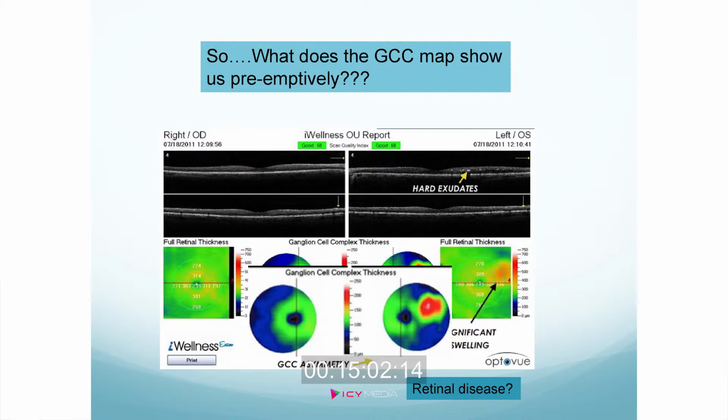So when you look back at the overall map, what does the ganglion cell map and the overall map tell us? That the patient has some sort of retinal disease. Okay? When you compare the eyes, you can look number by number at the GCC, and you can do an inter-eye comparison, but you can also see how the inferior and superior parts of that left eye compare, because the inferior part is not affected and the superior part is.